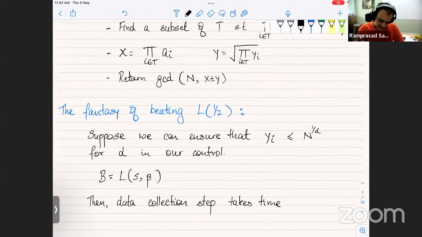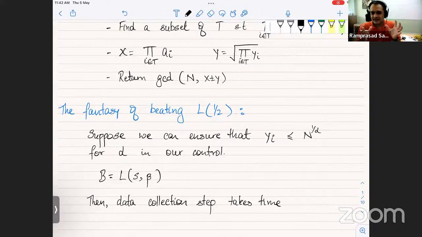Most of the time, the most costly step is this data collection step, because you're trying to build many congruences of a certain type, and many of the attempts will not even give you a smooth number, so you might have to pick once more. Roughly speaking, how many congruences do we need? We need around B of them: as many congruences as the number of primes from 1 through B plus 1, and throwing away log factors, we need B congruences.